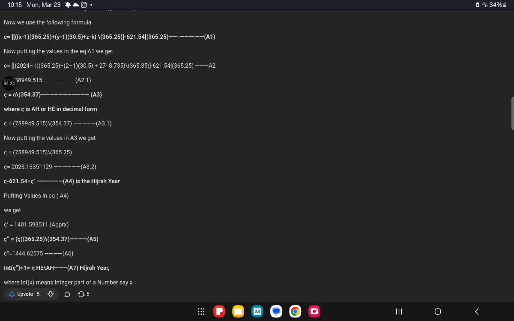Yeah, so it seems that this computation of C is just wrong.